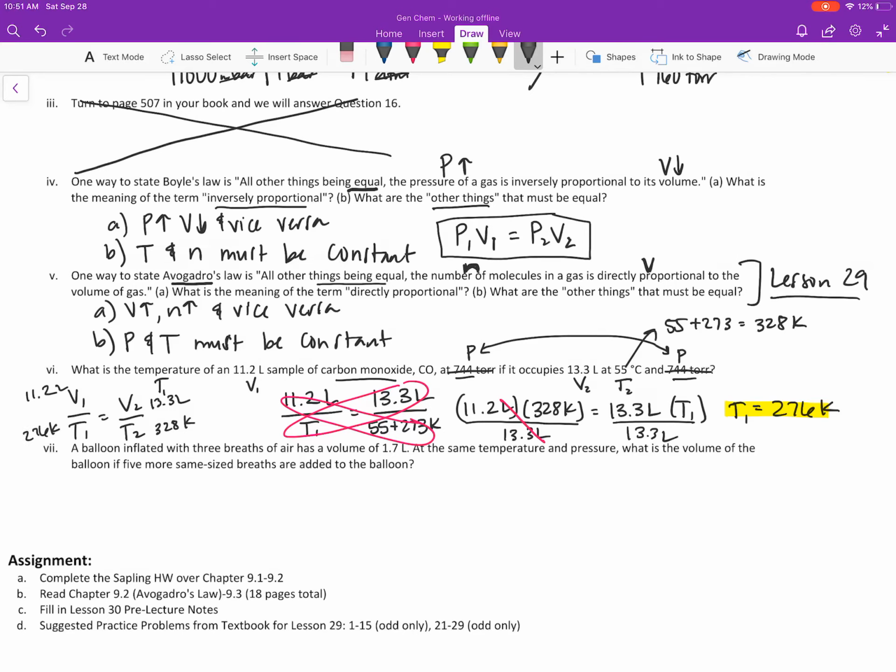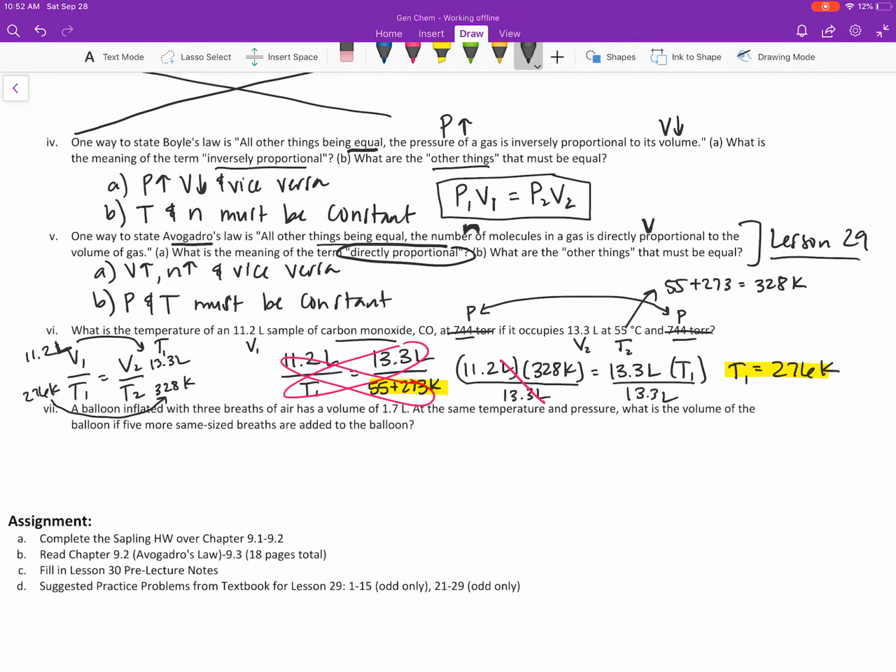Okay, so from left to right, the volume increases. From left to right, the temperature increases. This is what we expect when we say that things are directly proportional. Okay, hardest part here is making sure you convert to kelvins and that you, like the M1, V1, M2, V2, the dilution equation, keep the pairs together.